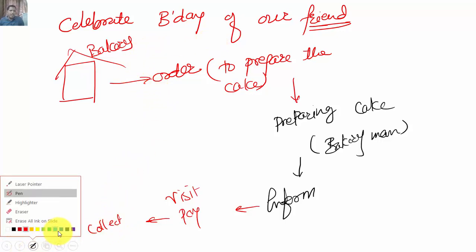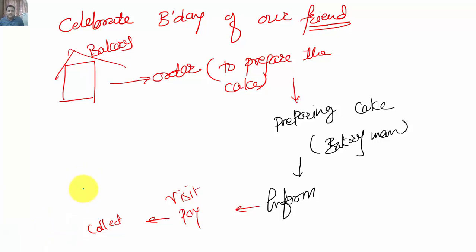Now just correlate this with the ADC concept. This is a totally generalized one. So first, to buy a cake, we select the bakery. Now bakery selection I will call ADC chip selection. Just select the ADC chip.